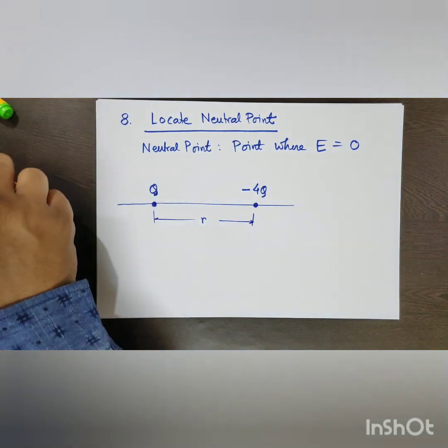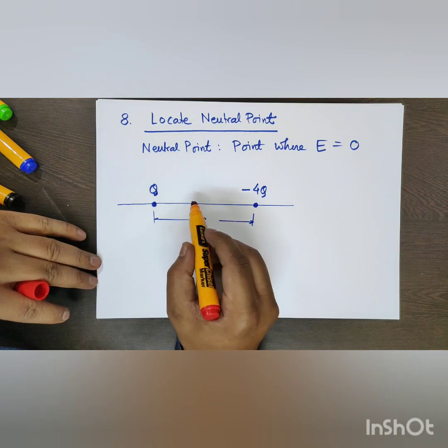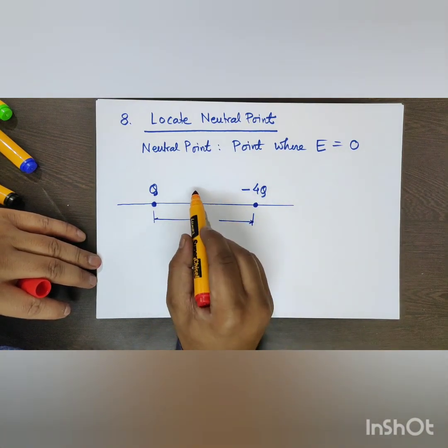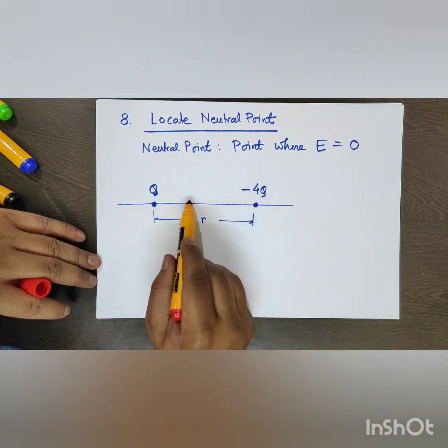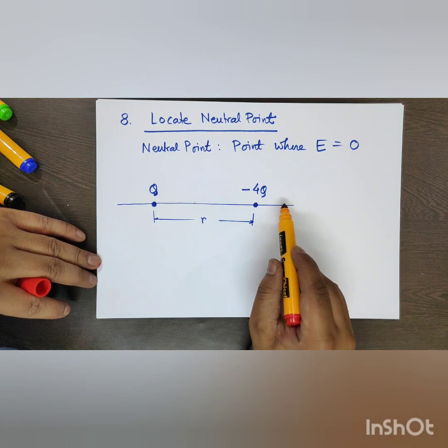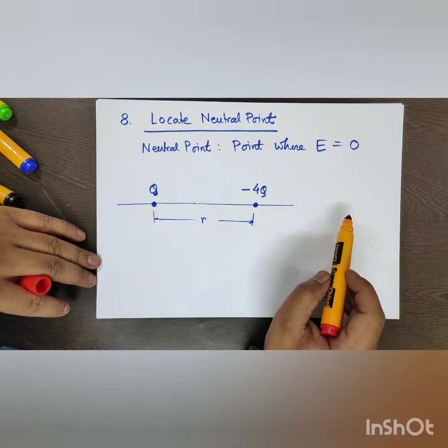Now neutral point on this line, so if you take some point here between the charges, say if you place a +1 charge here, Q will repel and −4Q will attract, so the resultant field is towards the right. And here there is a chance, yes or no?